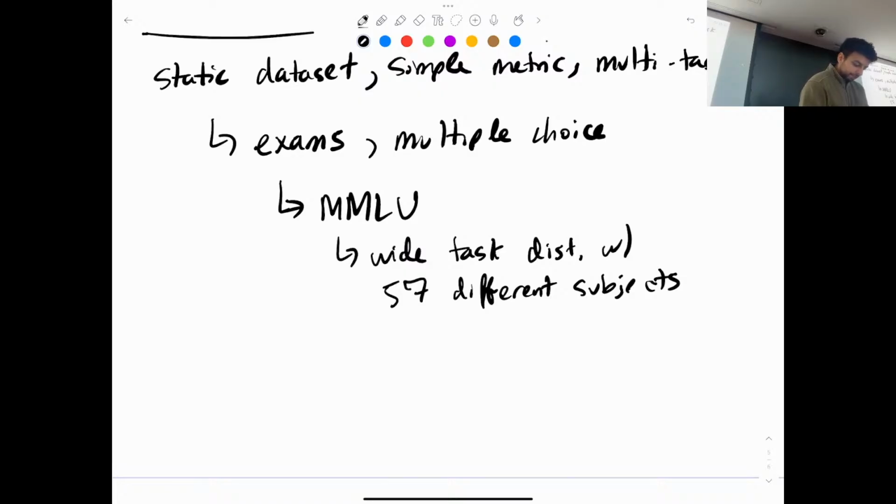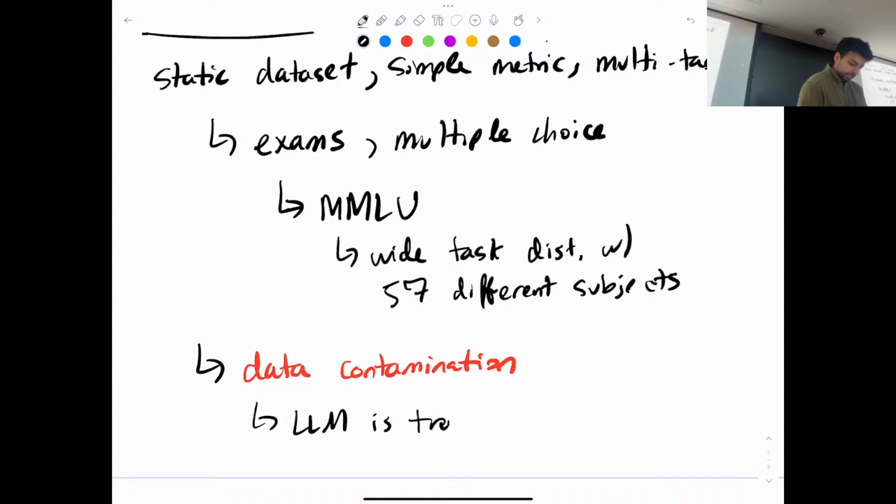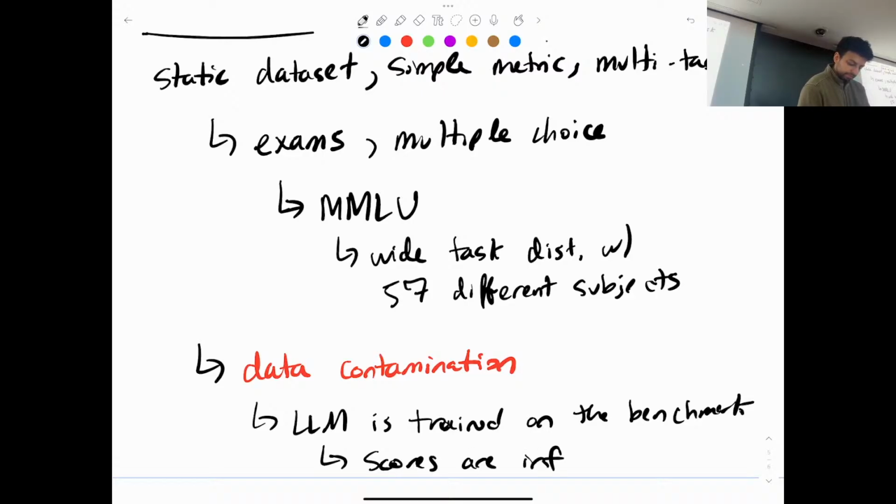So here I mentioned this issue of data contamination, where the LLM is trained on the benchmark, so scores are inflated.